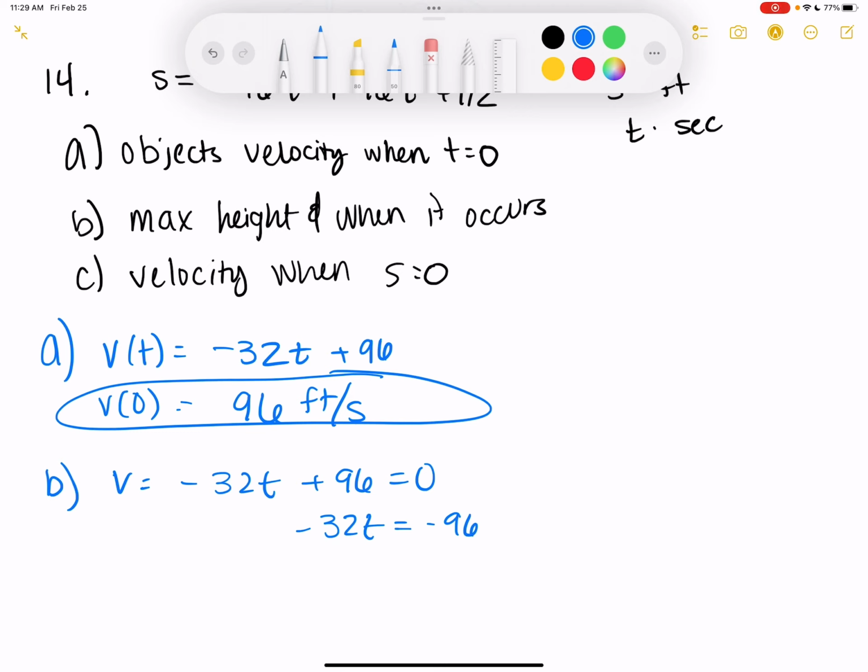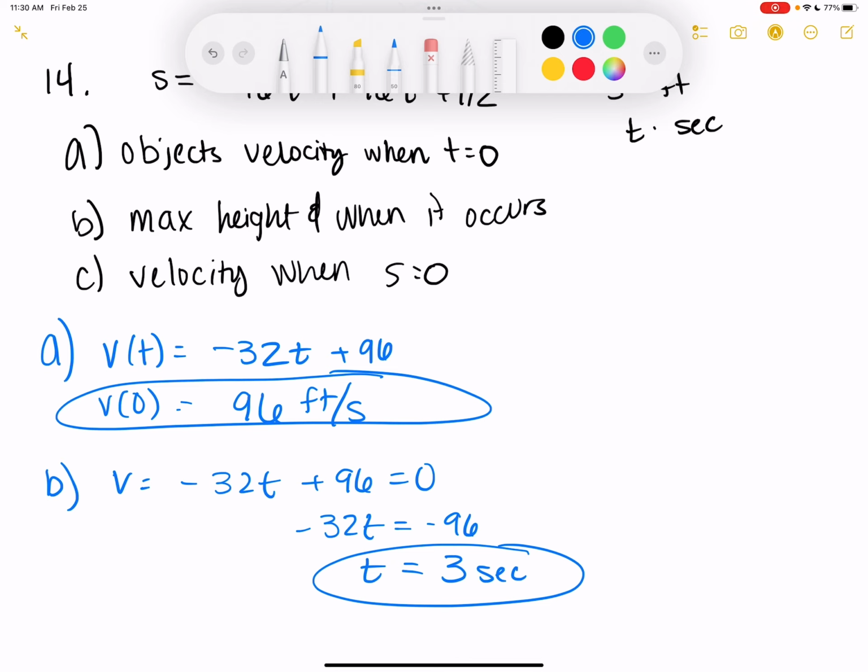Divide by negative 32, t is equal to 3. So we take the velocity equation and set it equal to 0, and that tells us when it occurs, which is at 3 seconds.